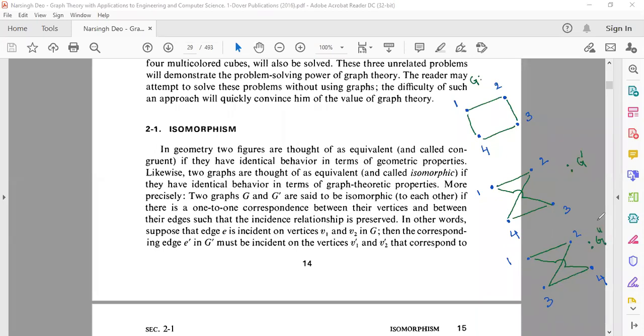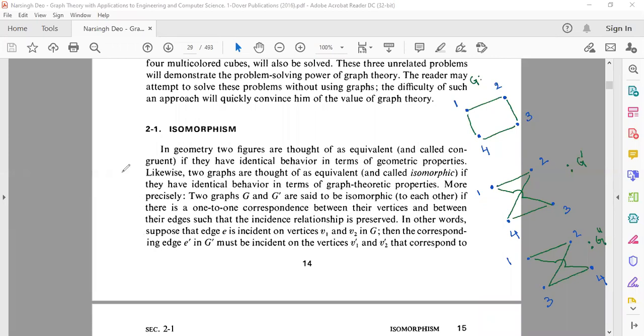Now, why do we need to do this kind of activity? If we are going to draw or embed a circuit where the structure of the circuit gives you the algorithm of some computer architecture, then you can join these vertices in any way.